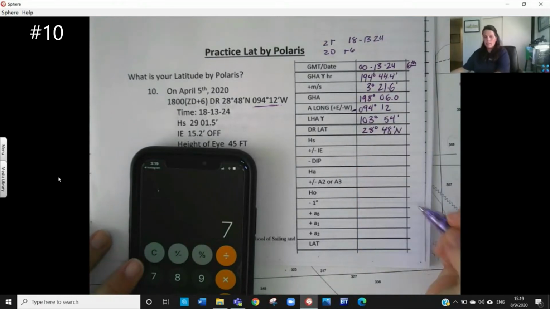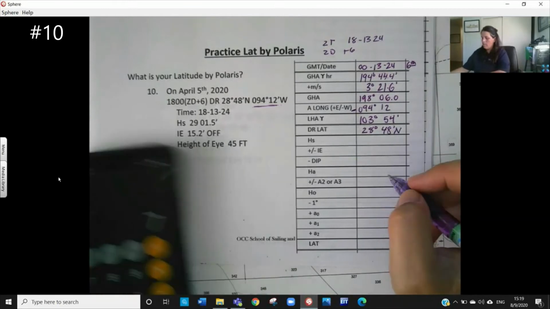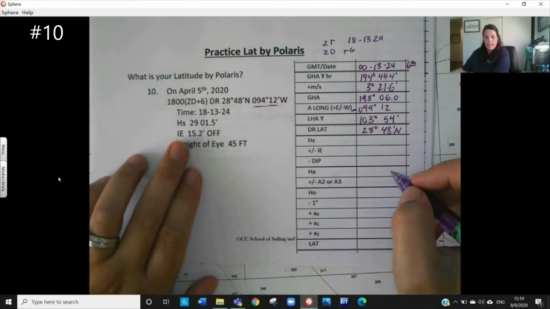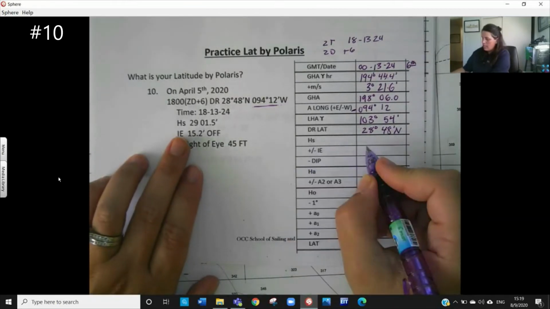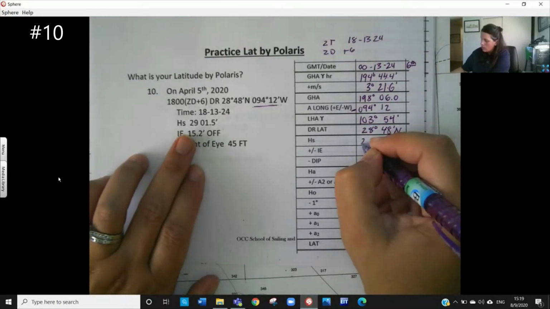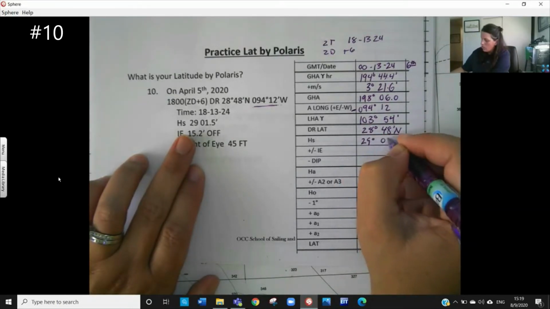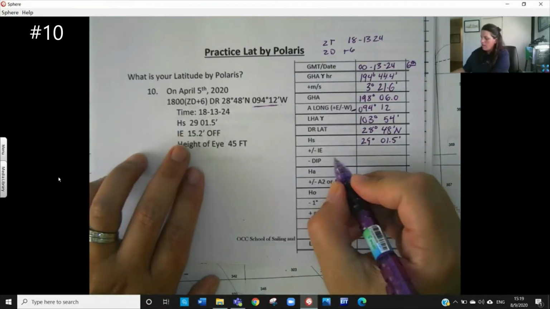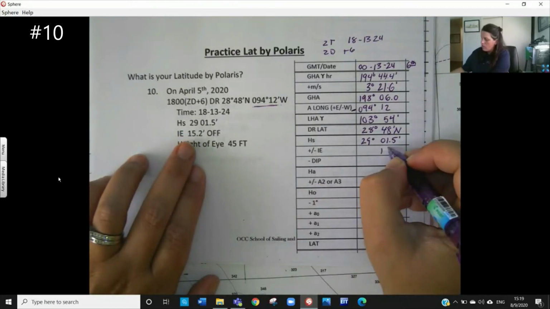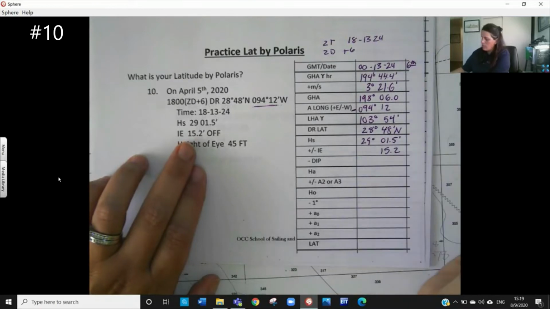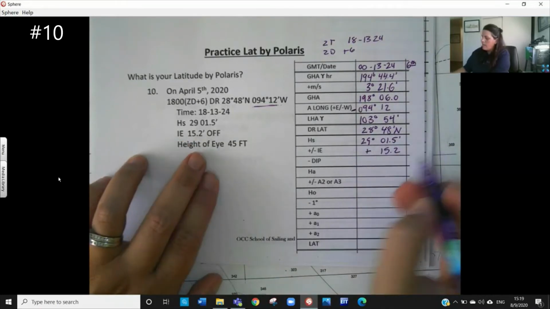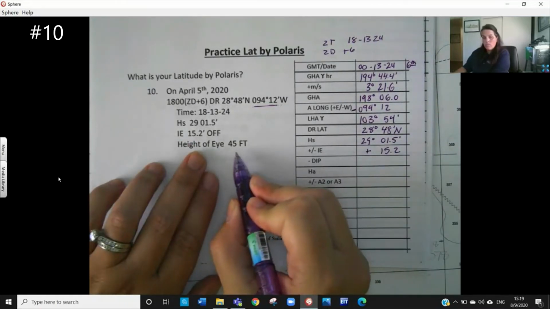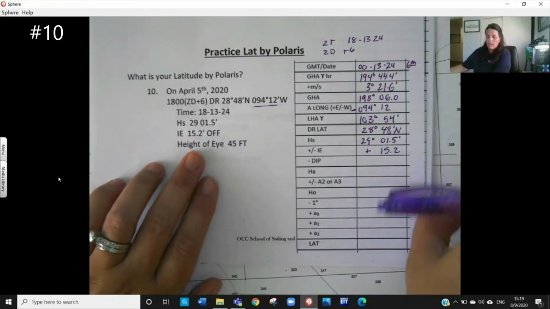And now I can start working with my altitude. So my HS was 29 degrees 01.5. That's my raw sextant altitude. My index error was 15.2 off, so I need to put it on. And then my dip was 45 feet.